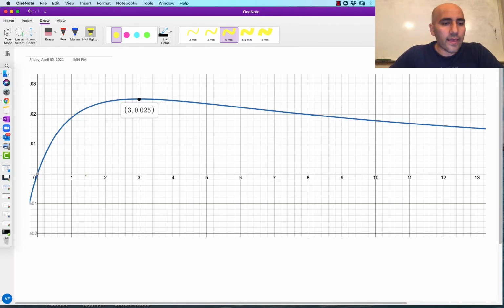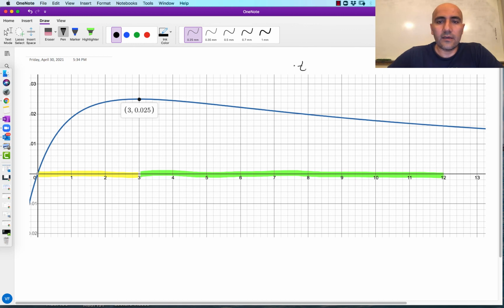So we found that the domain of our function is divided into two zones: the one between 0 and 3, and the one between 3 and 12. Remember that we were told that t has a domain of 0 to 12, so we're not considering to the left of 0 or to the right of 12.